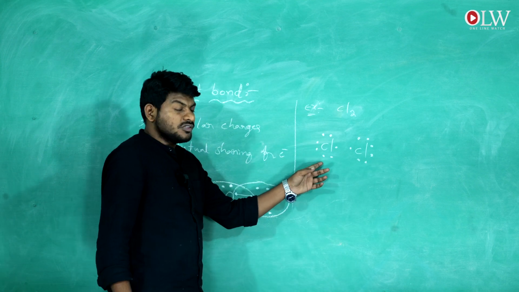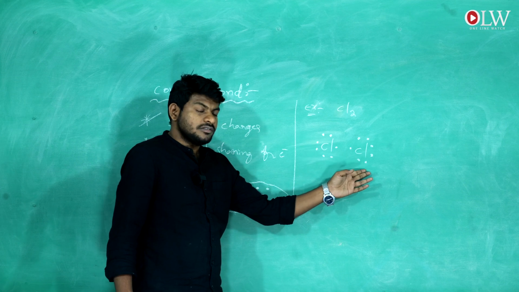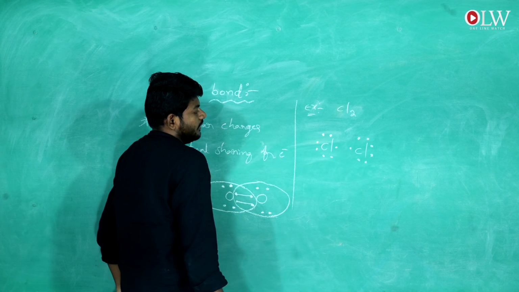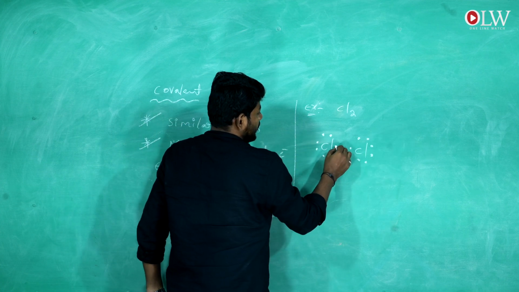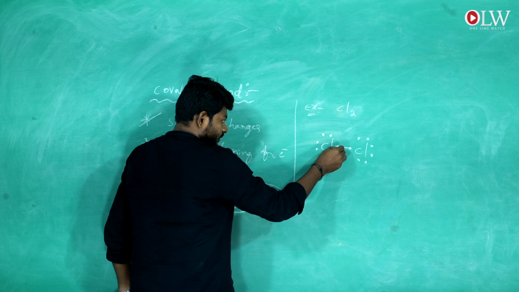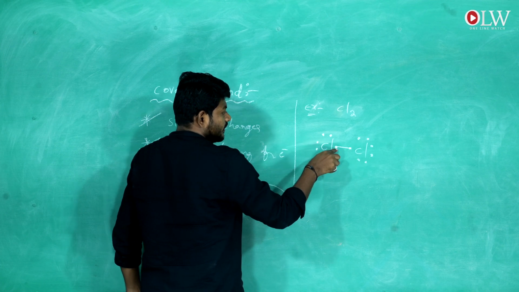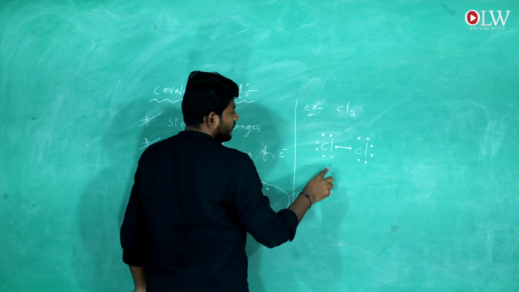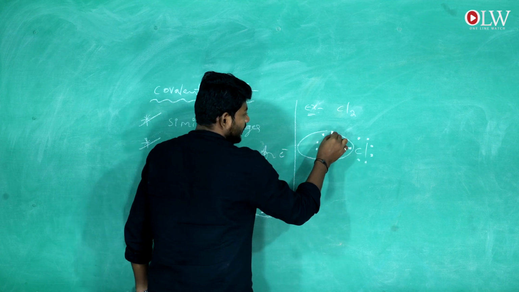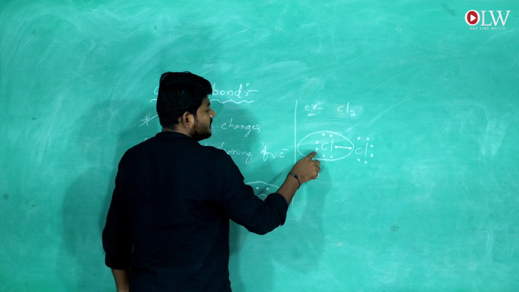So this chlorine wants 1 electron. At the same time, this chlorine also wants 1 electron for getting the octet electronic configuration. So this electron is donated to this chlorine, and this electron is donated to that chlorine. That bond is formed. So if you see individually, this chlorine contains 8 electrons.